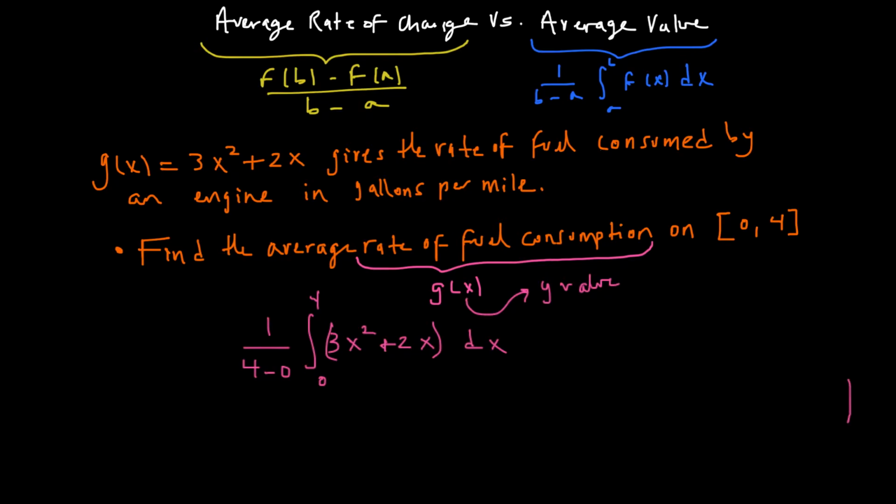And you just work out the problem and get an answer for that. And again, make sure you can distinguish between finding an average rate of change and an average value. If you integrate, that's just x cubed, and then this is 2x squared over 2, or just x squared. And we're going to evaluate from 0 to 4.